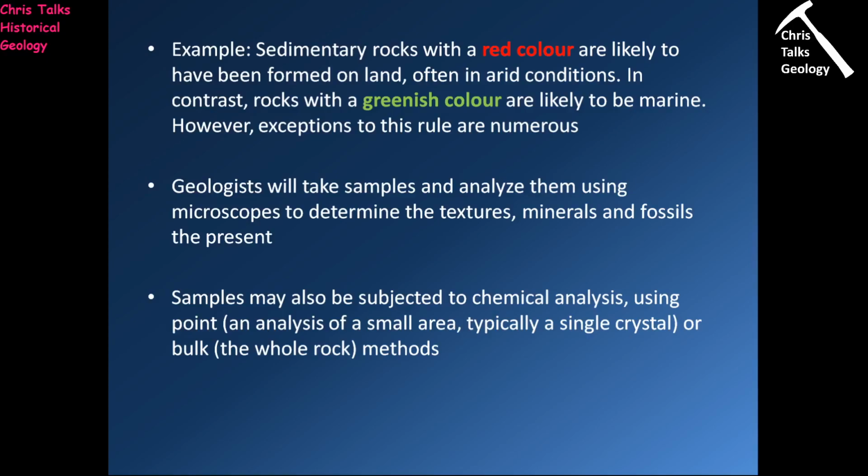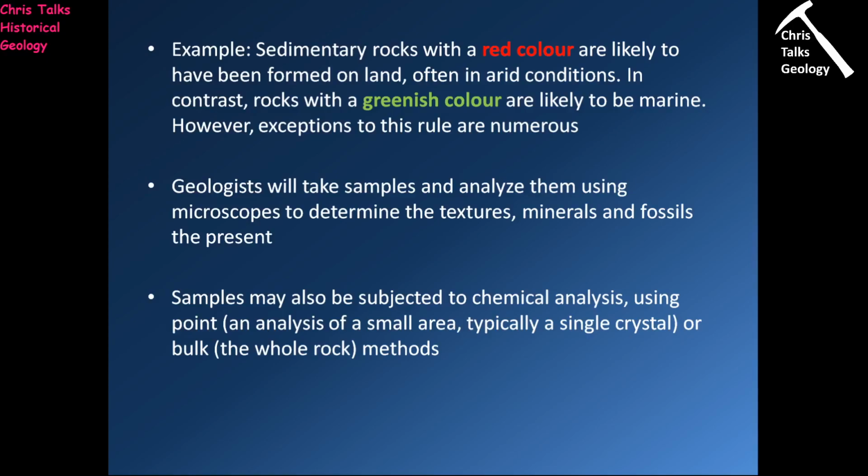So a geologist, once they've analysed the rocks in the cliff face, will take samples and analyse the rocks down a microscope to determine textures, minerals and fossils if at all present. We can also take our samples and subject them to chemical analysis, and you can do that in a couple of ways. There's a type of analysis called a point analysis, and that's when you analyse a very, very small area.